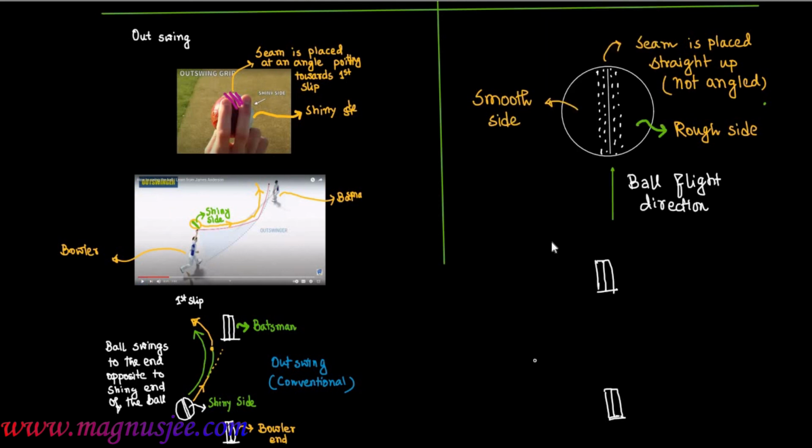The smooth side is placed towards the outward end, and the rough side towards the inward end. This is the actual trajectory along which the ball is to be thrown, and this is the direction of ball flight.